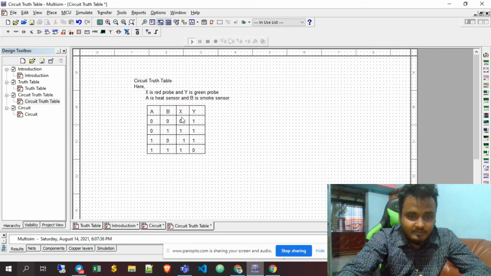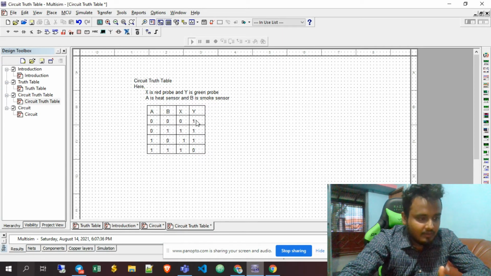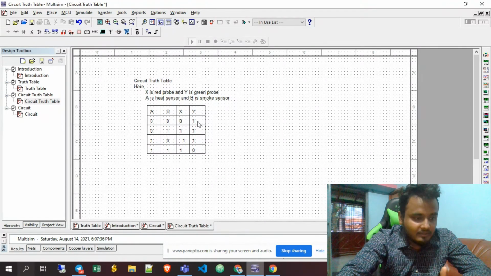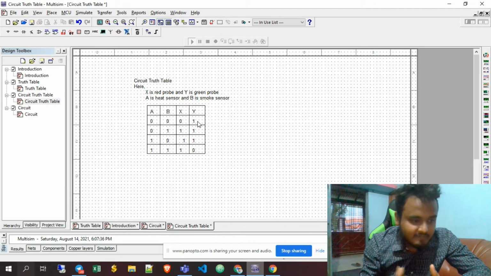Then X, which is danger, will be off, and Y is the green probe, which means it turns on. So the green light will be on. That means we are safe at this point.